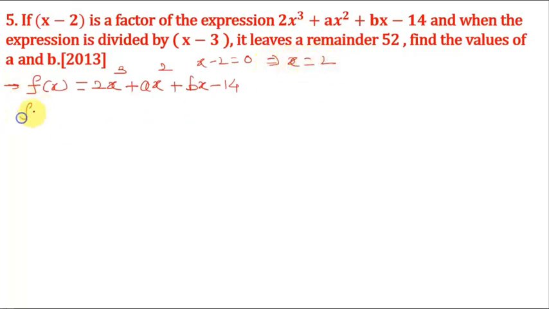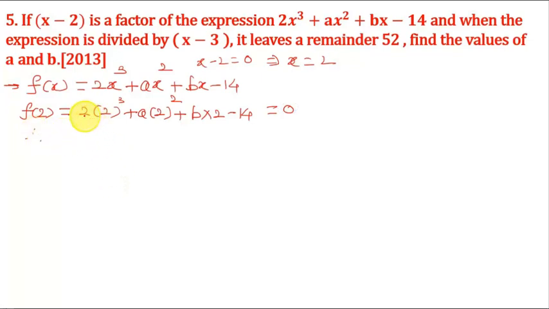If you replace x by 2, then 2 into 2 cube plus a into 2 square plus b into 2 minus 14, and that's equal to 0.